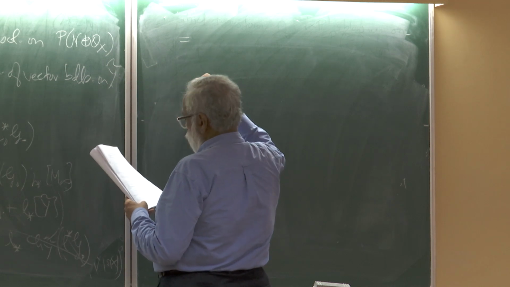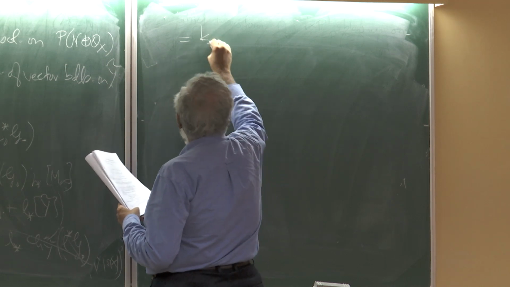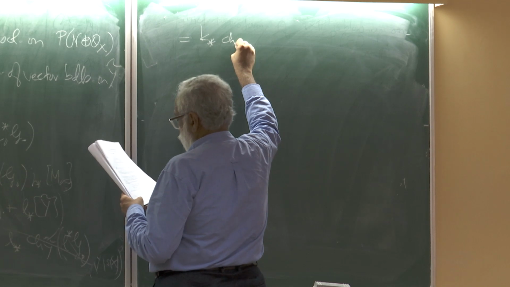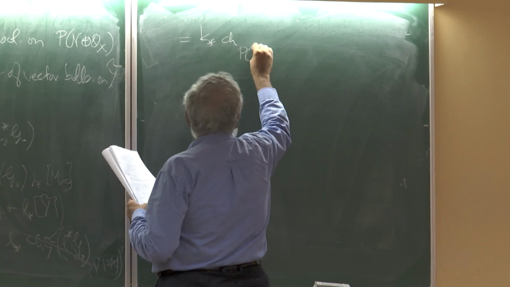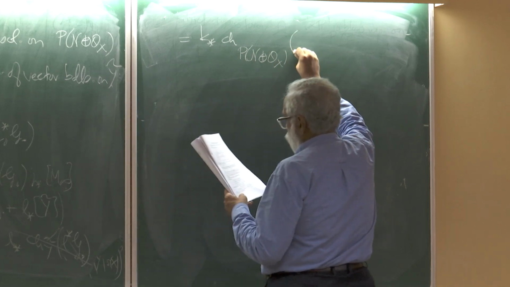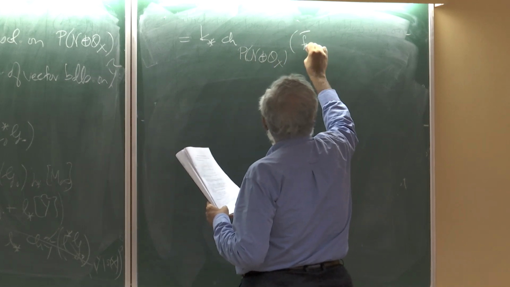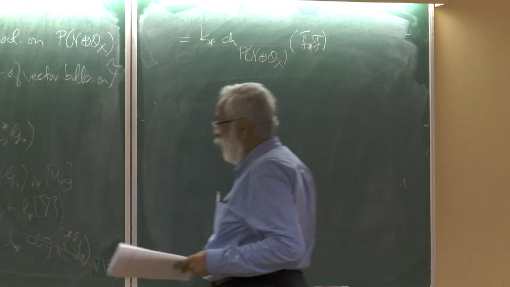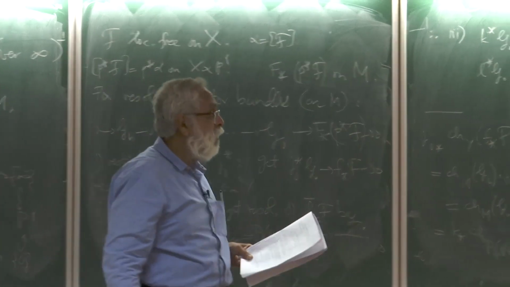This is just K lower star of chern on P of n plus O of F bar lower star F. Now here I had a complex, but this complex resolved a particular sheaf, so I'll take that sheaf instead.